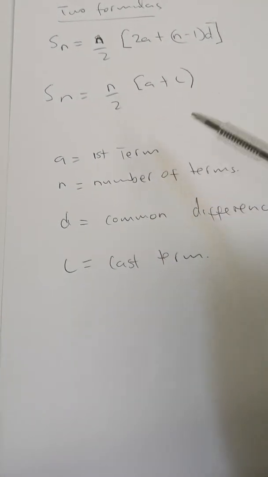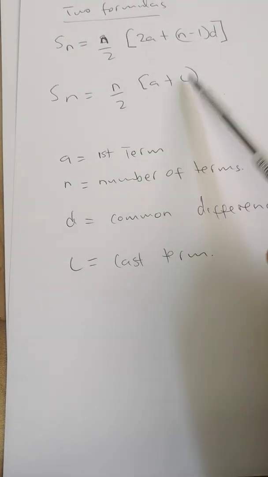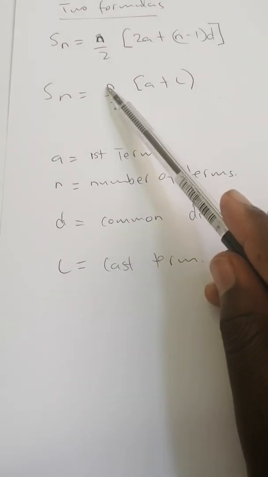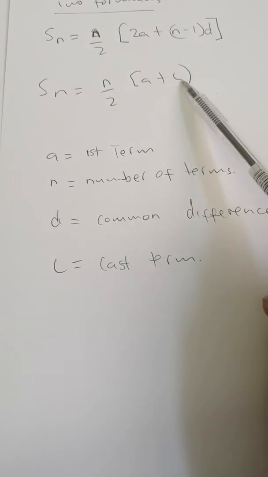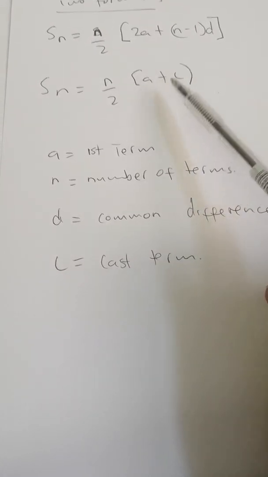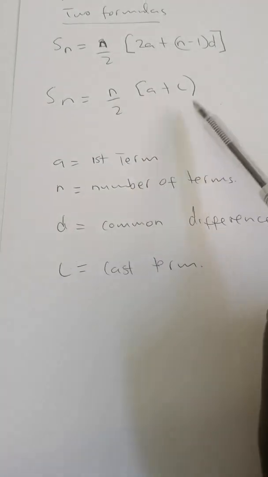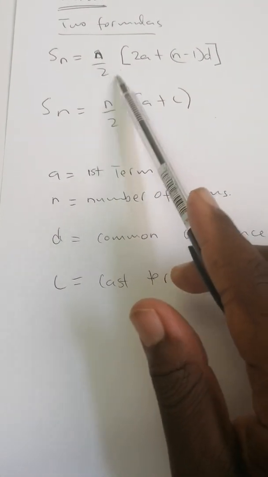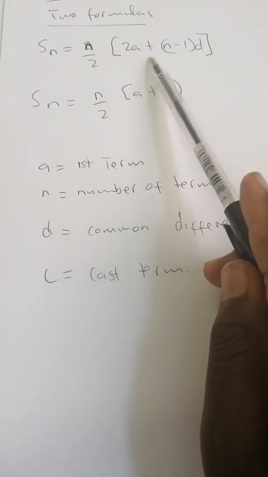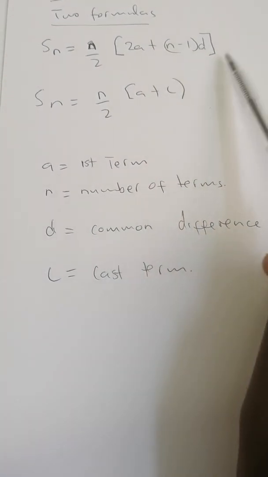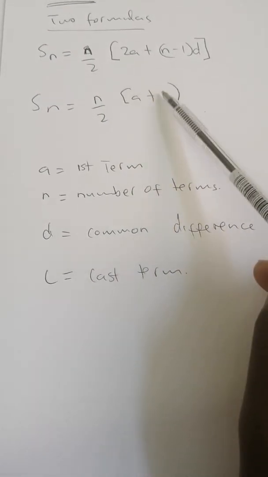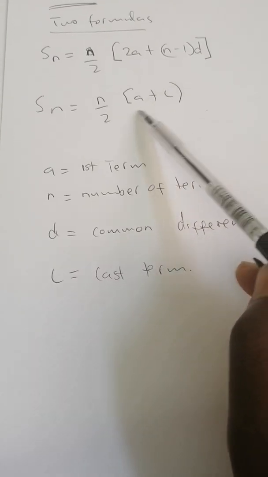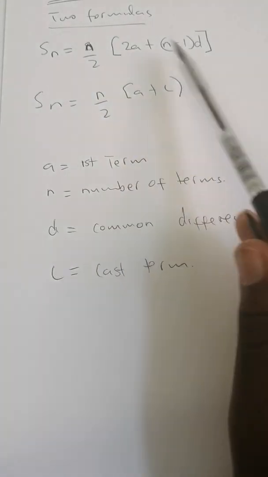So the second formula, n over 2 times a plus l, you only use when you have the number of terms, the first term a, and also when you are given, or can calculate, the last term. Then you can simply use that formula. The first formula is what is used generally, n over 2 times 2a plus n minus 1 d. But sometimes the information cannot give you a d, so it's impossible to use the first formula.